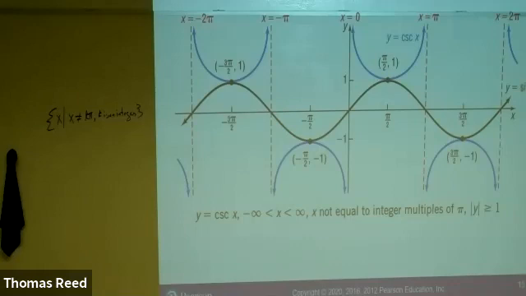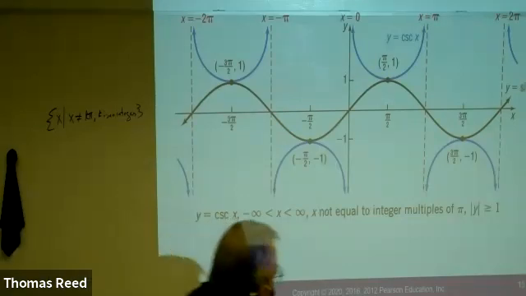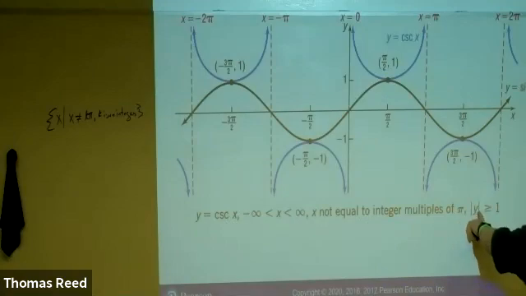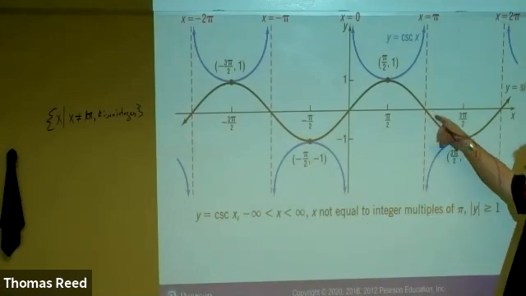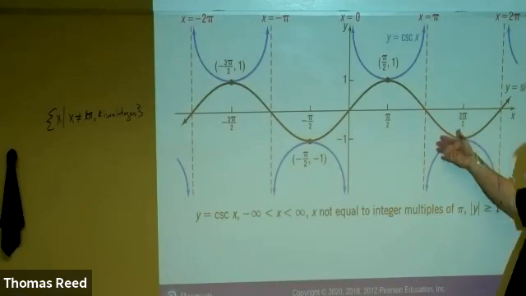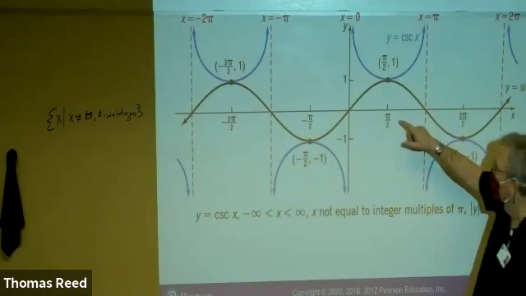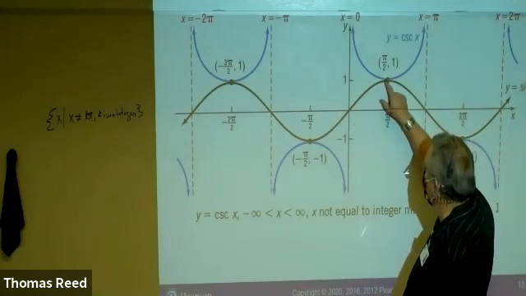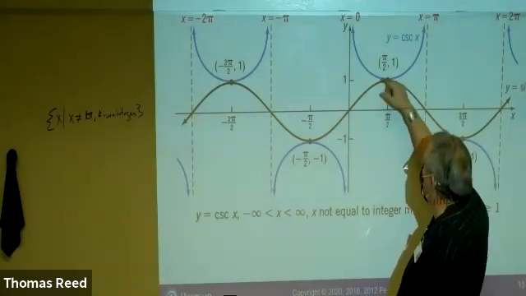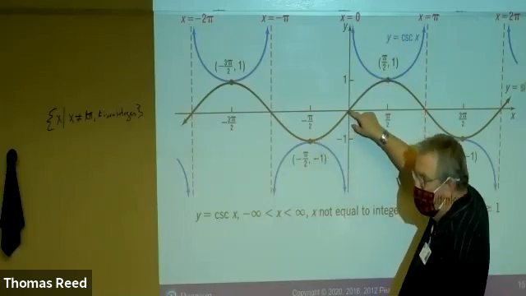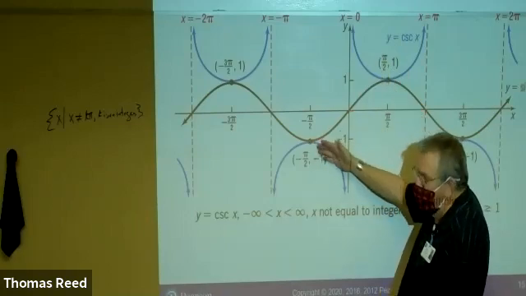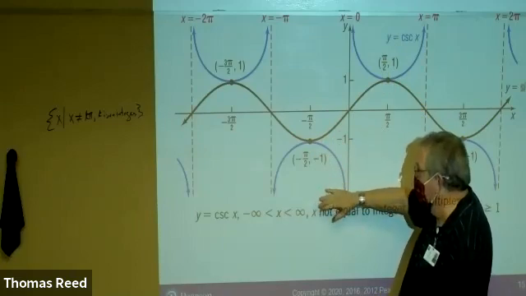And then here the range, well, because it's a reciprocal of sine, that means all these values which are less than 1 become greater than 1. These are greater than 1, so it's going to become less than 1, so it's going to become greater than 1. And all of these over here are greater than -1, so it's going to become less than negative.